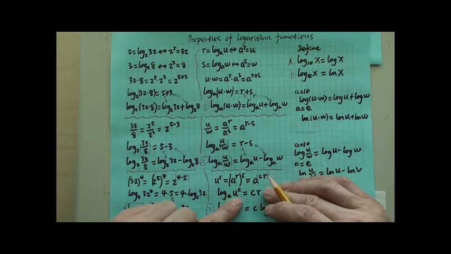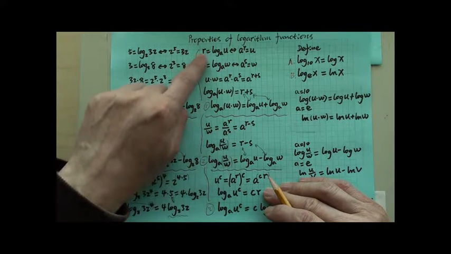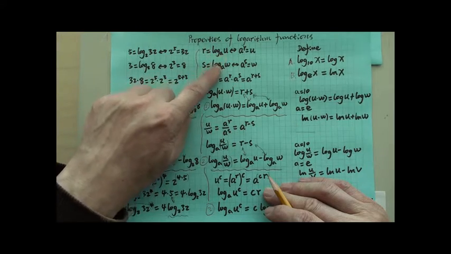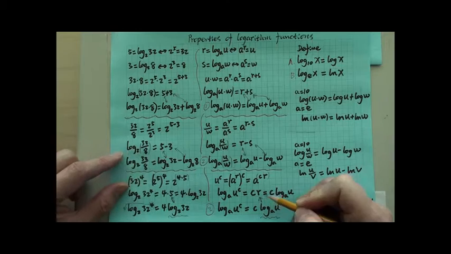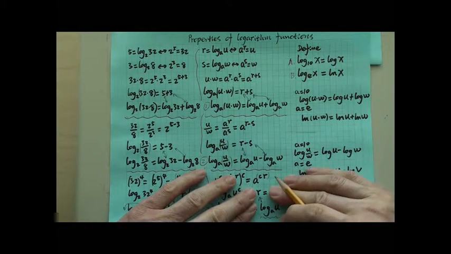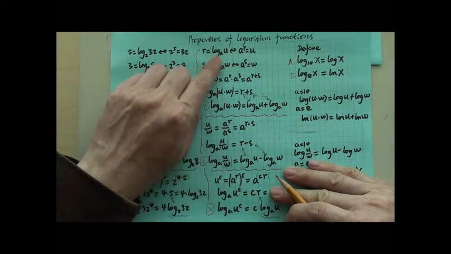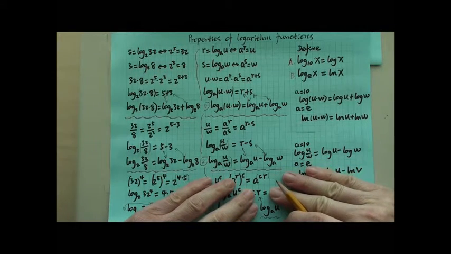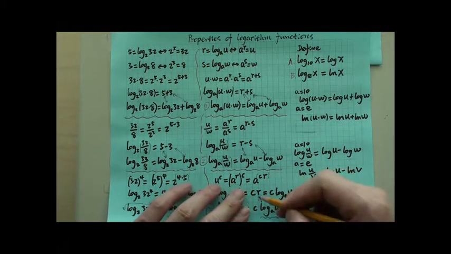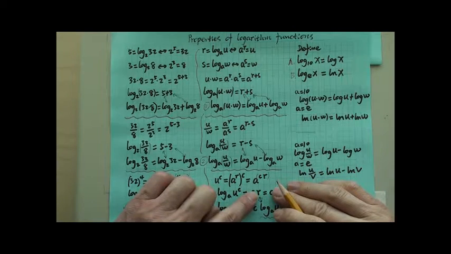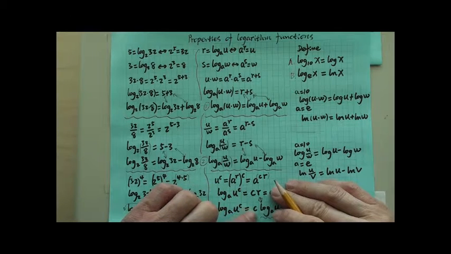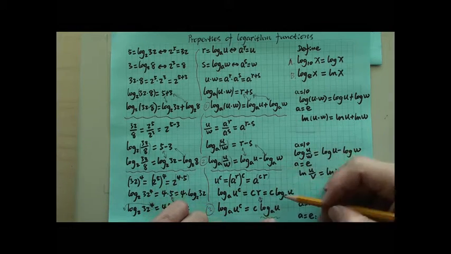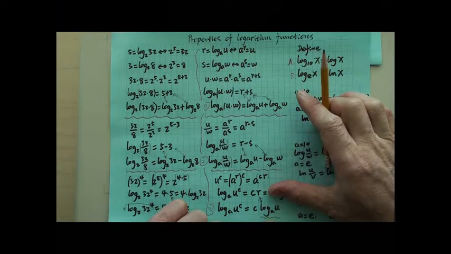Okay, what was over R? R is log base A to the U. So this is over R. You see? R is log base A to the U. So this was our R. And then you replace this R by log base A to the U. CR is actually C times log base A to the U. And left-hand side is still the same.